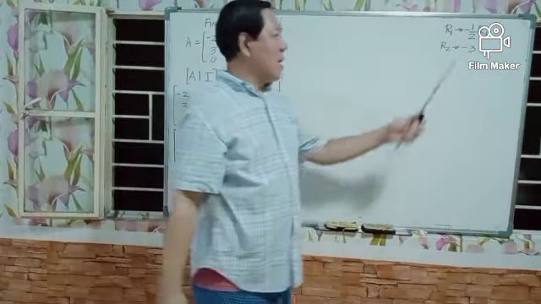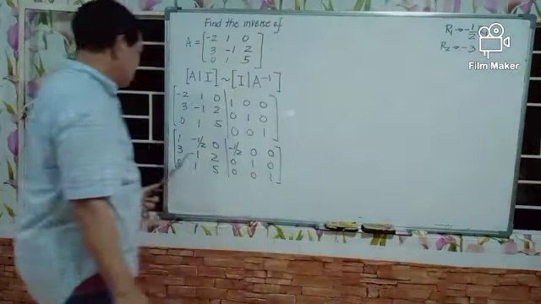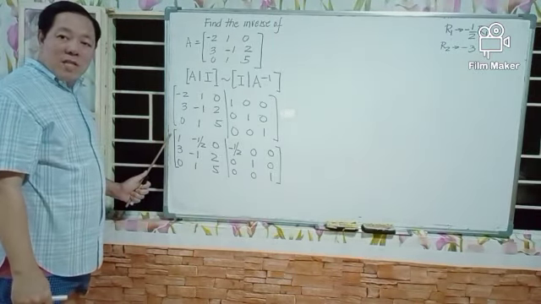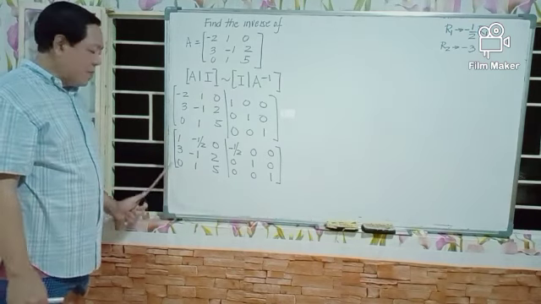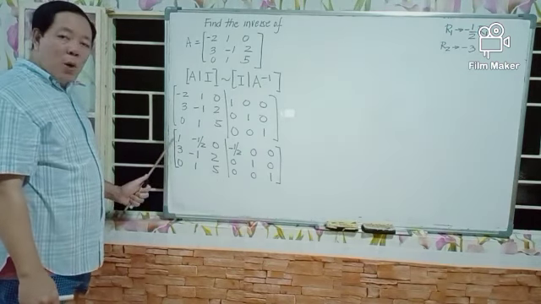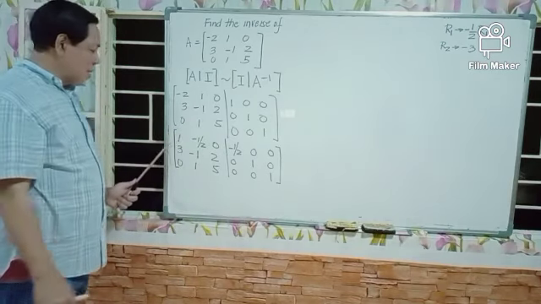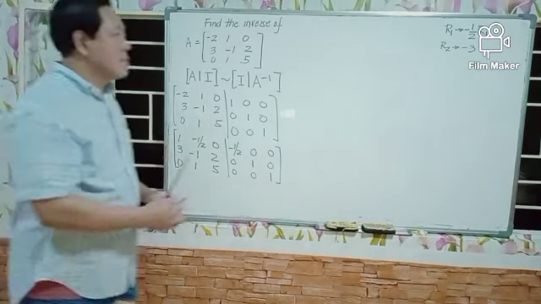And we multiply negative 3 by a row where there is 1 in the first column. And we have 1 in row 1 in the first column. So we multiply negative 3 by row 1.